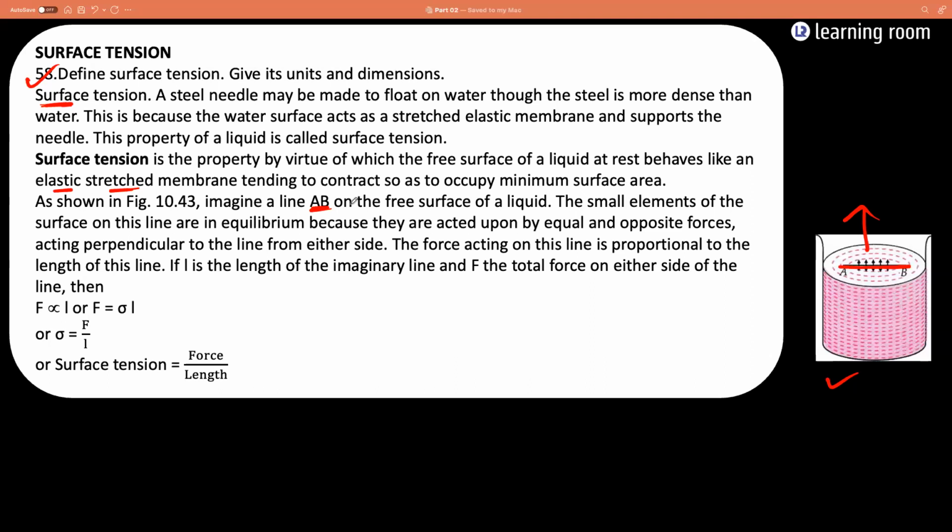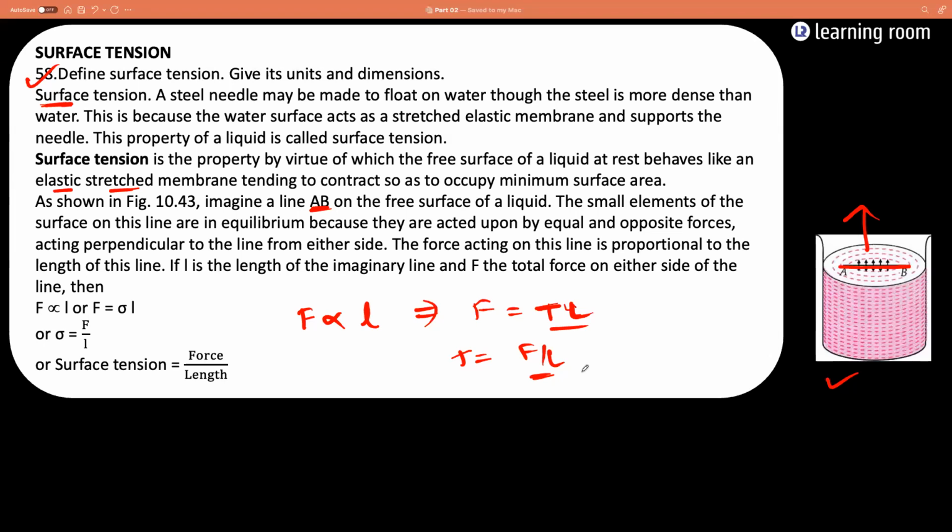The forces are observed to be directly proportional to the length of that surface, which says F is equal to T into L, where T is called the surface tension, or you can write it as sigma also. So T will be equal to F divided by L. The amount of force acting per unit length on the surface is called surface tension.